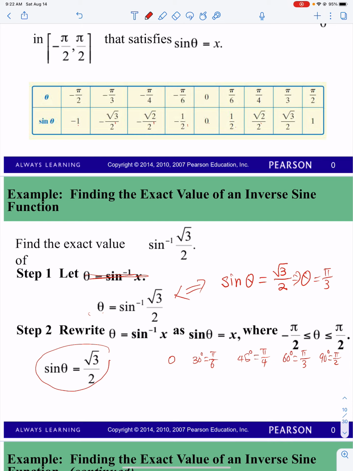So here is sine theta. What is sine of 0? 0. Sine of this is 1 over 2, square root of 2 over 2, square root of 3 over 2, square root of 4 over 2, it's 1.